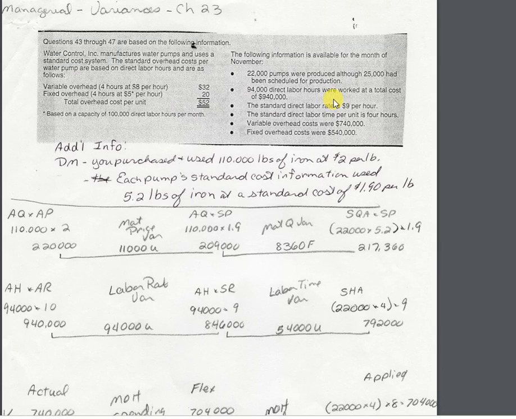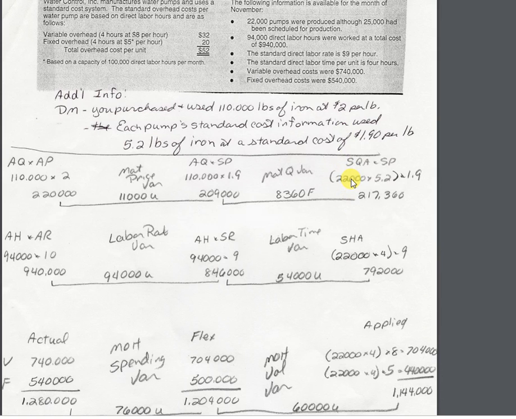Okay, so again, hopefully you have out your sheet. Then it says the following information is available for the month of November. 22,000 pumps were produced. And your standard quantity allowed, 22,000 all the way down, because standard quantity allowed is actual finished goods times the standard input each.